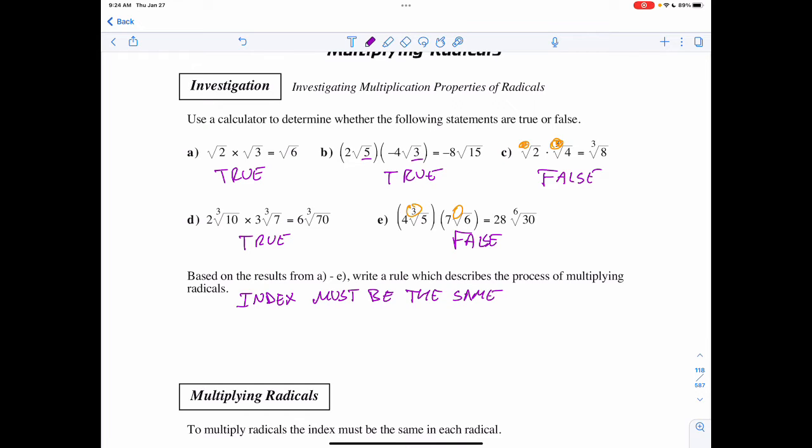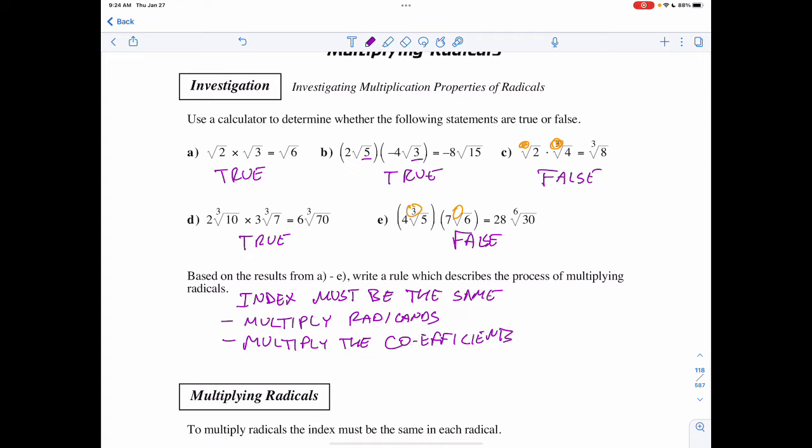If it's a cube root, I can multiply it by a cube root. Then what do I do? I just multiply the radicands, or what's inside the radical, and I multiply the coefficients, or what's outside the radical. That's really it.